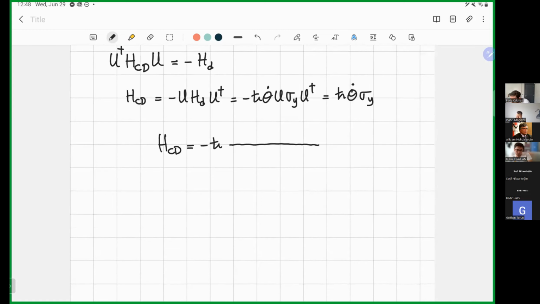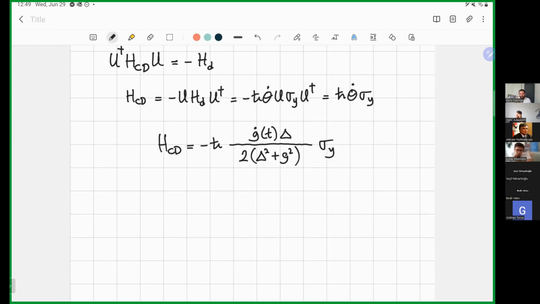Okay. We have g dot t, the time derivative of the time-dependent parameter, delta squared plus g squared. Okay, and we have the sigma y here.